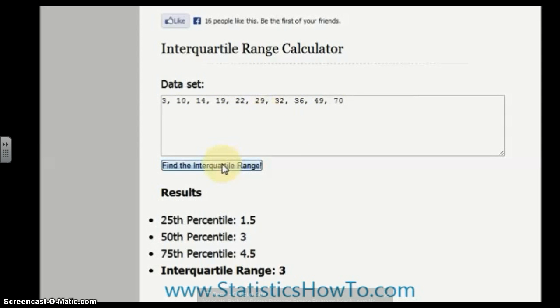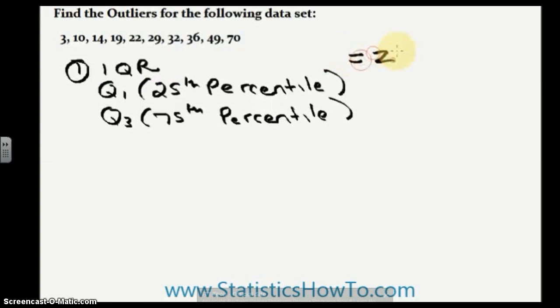I've pasted in my data set, found the interquartile range, and there it gives me my 25th percentile, my 50th percentile, which is the median, the 75th percentile, and the interquartile range. So I'm going to transfer those numbers back. My IQR is 22, my Q1 is 14, and my Q3 is 36.